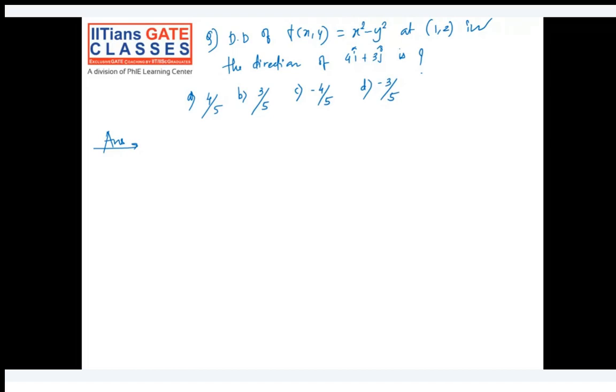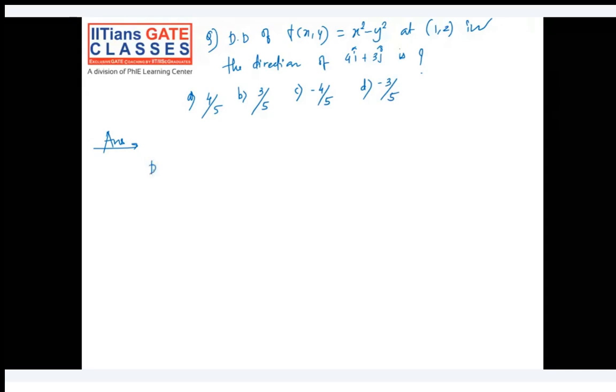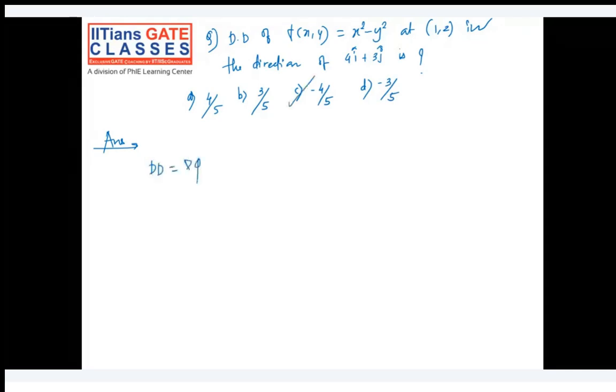As I said, the directional derivative is the gradient of the scalar function dotted with the unit vector in the direction in which it is desired to be calculated. The unit vector is a bar divided by mod of a bar.